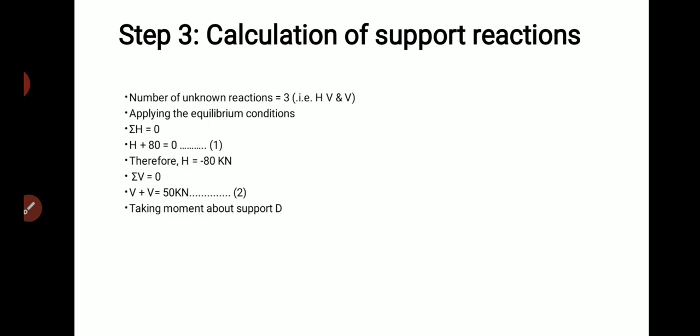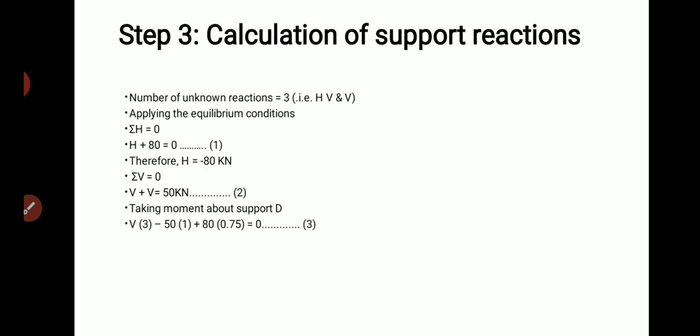The last important equilibrium condition is the moment. You can take the moment at either of the supports, either at A or at D. I am going to take the moment at support D. Before solving, I state the sign convention here: clockwise moments are taken as positive and anti-clockwise moments are taken as negative.